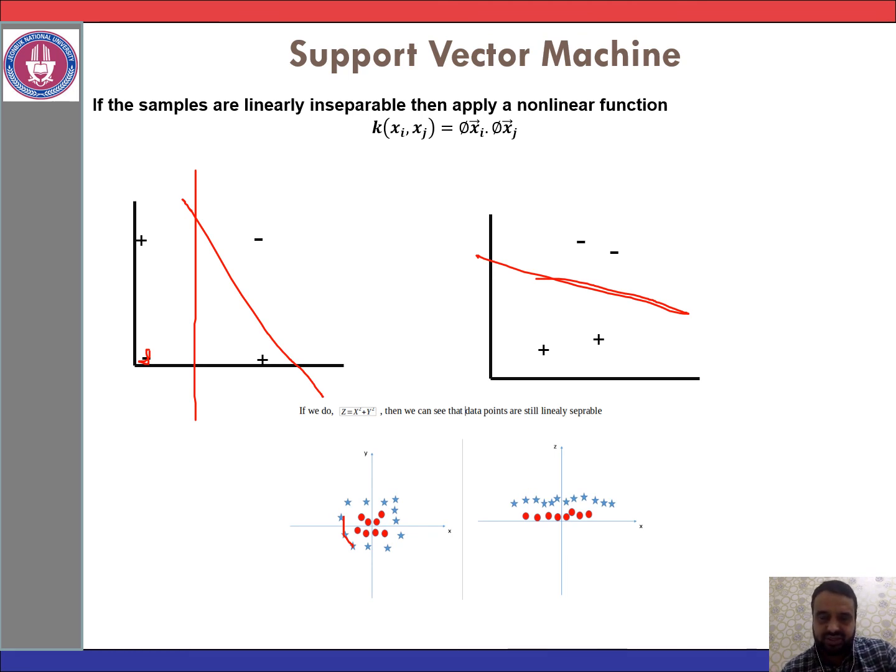So what we can do, we can use this equation x square plus y square, and when we pass this data through this equation, we will get this kind of representation, which can be easily classified into two classes. So this is a kind of kernel trick.